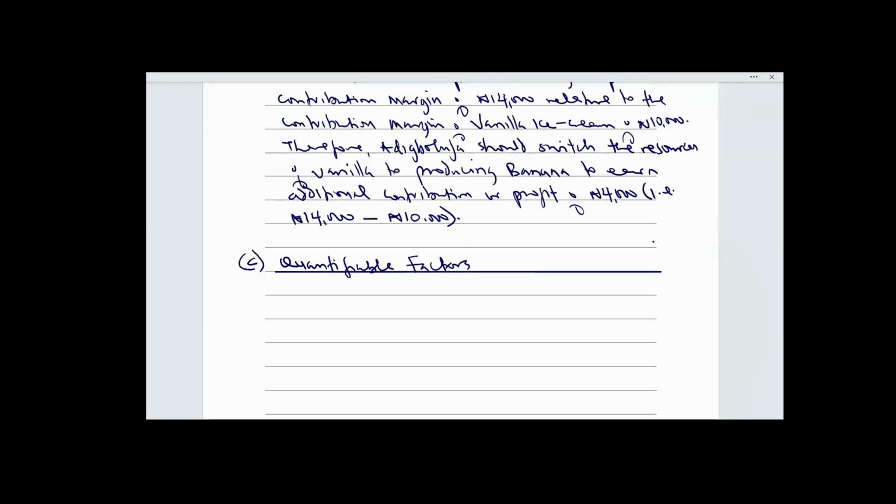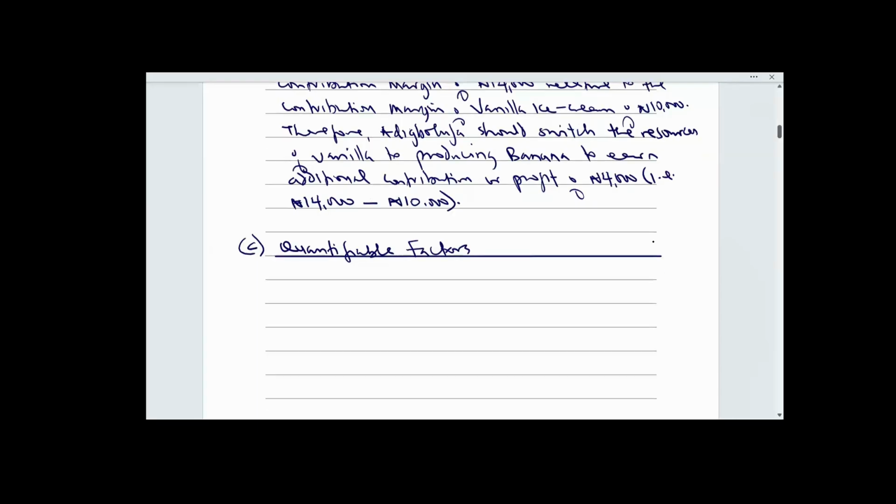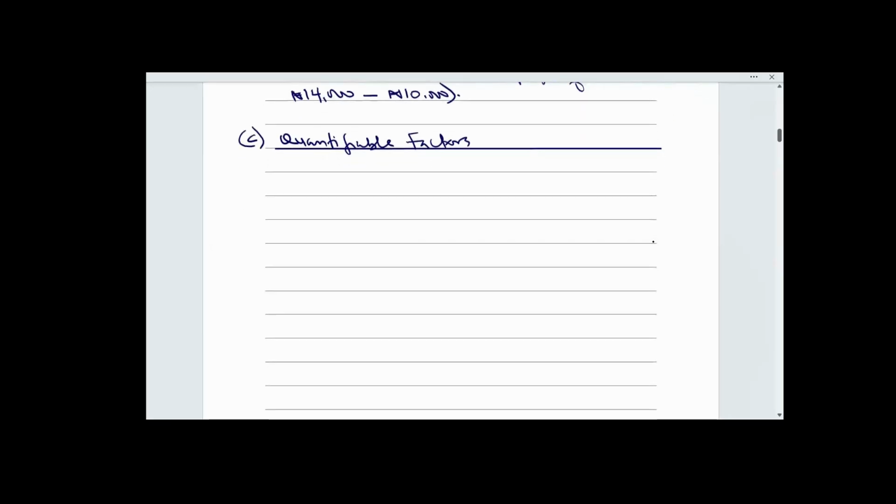If the examiner asks you to do it, you state it. If you are not asked to do it, you state it for you to be able to earn your full mark. All right. In this particular question, we then need to go ahead to state our qualitative factors as required.